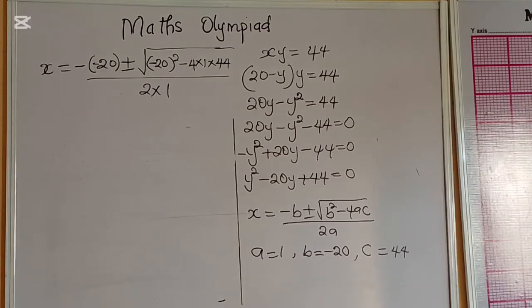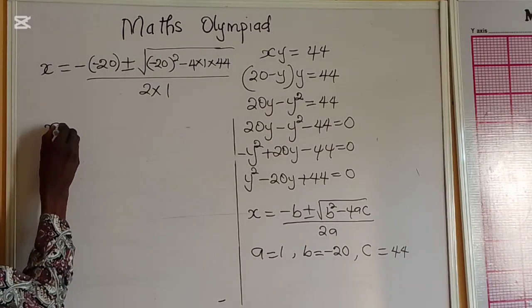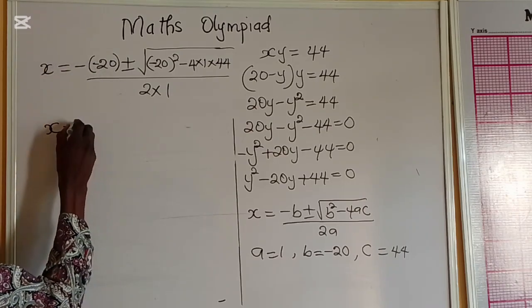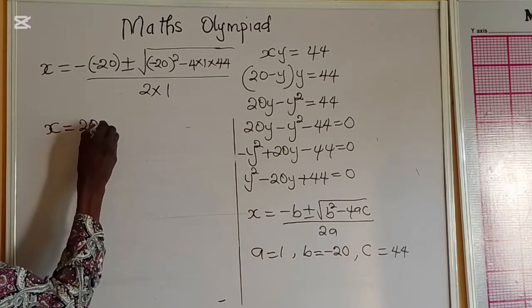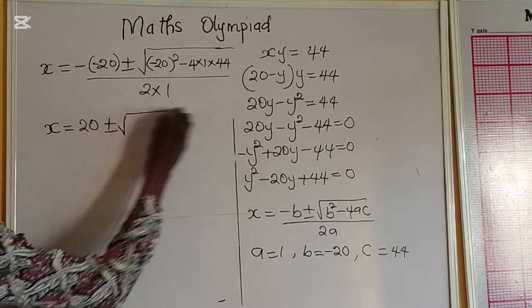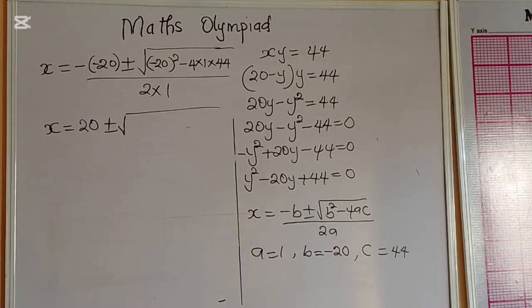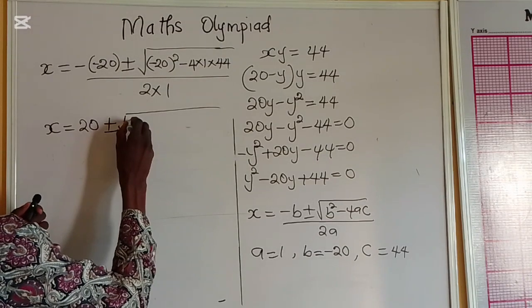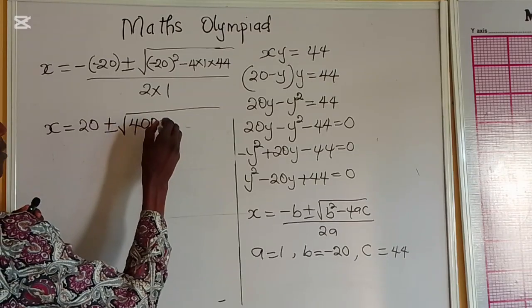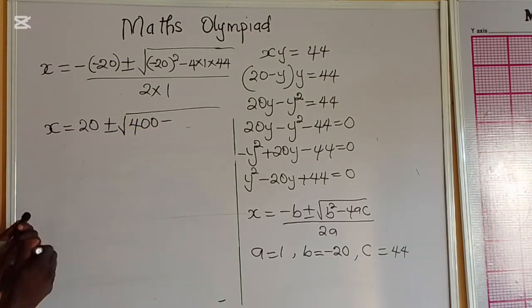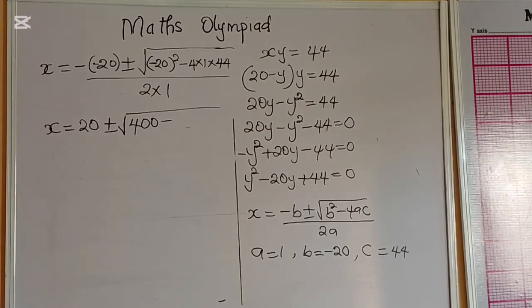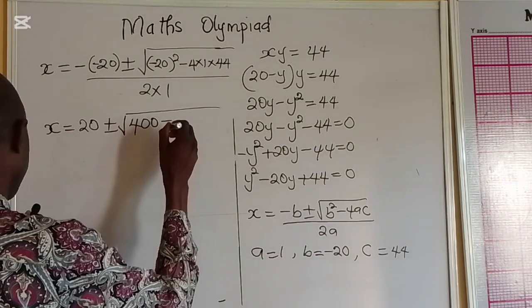Therefore, here will be x, minus times minus gives us 20, plus or minus the square root. What is minus 20 squared? It gives us 400. Then minus, what is 4 times 44? 4 times 44 gives us 176.